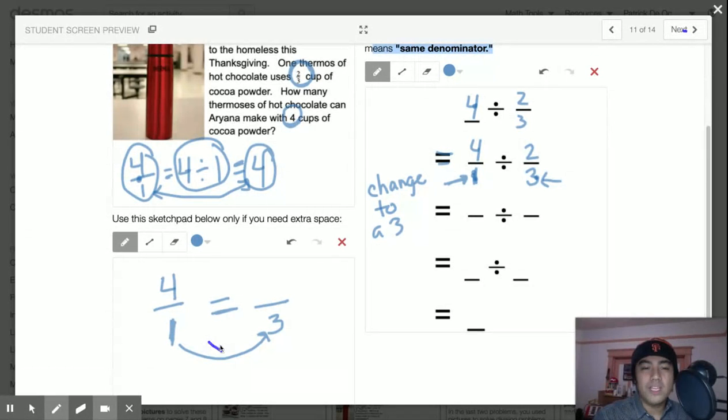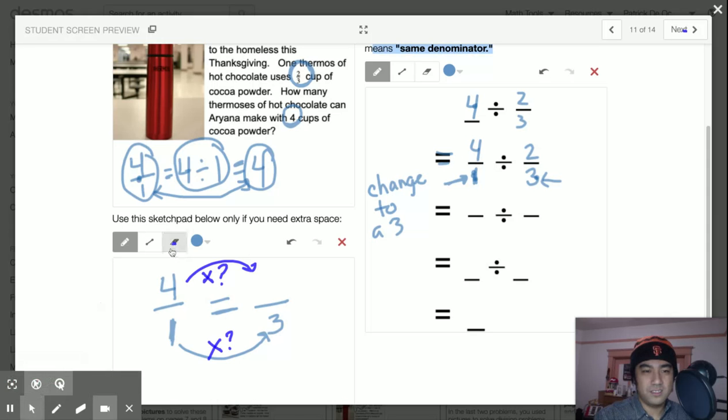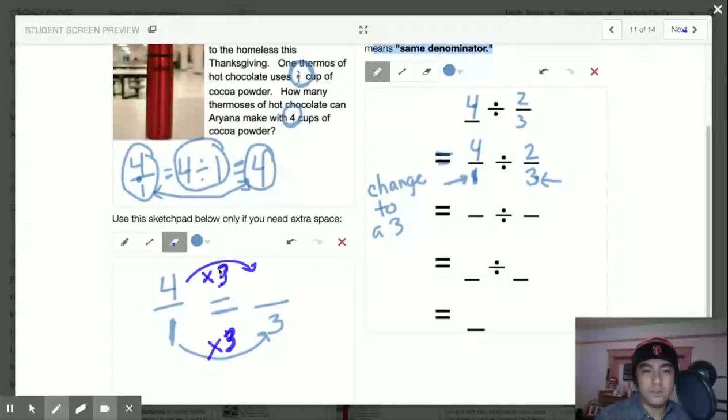I need to multiply by something, and I also need to multiply by something. Whoops, I am just messing this up today. I'm so sorry. All right, so what do I do then? Well, this is going to be a 3. This is also going to be a 3. 4 times 3 is 12.